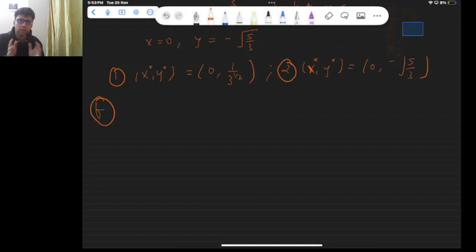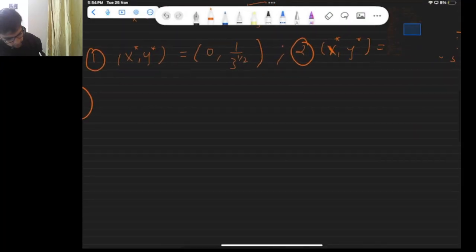That any continuous function defined over a closed and bounded interval will always attain a maximum and a minimum over that interval. If f is a continuous function over a closed bounded set in R, then there exists both a maximum and a minimum. So now let me write the set S.